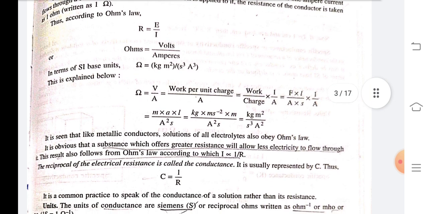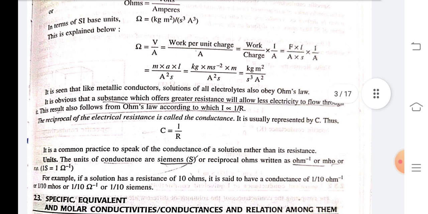Ohm is equal to V by A, is equal to work per unit charge upon A, is equal to work by charge into I by A, is equal to F into L into I upon A into S into A. So M into A into L upon A square S is equal to kg into m into S to the power minus 2 into m upon A square S, is equal to kg m square upon S cube A square. It is seen that like metallic conductors, solutions of all electrolytes also obey Ohm's law.